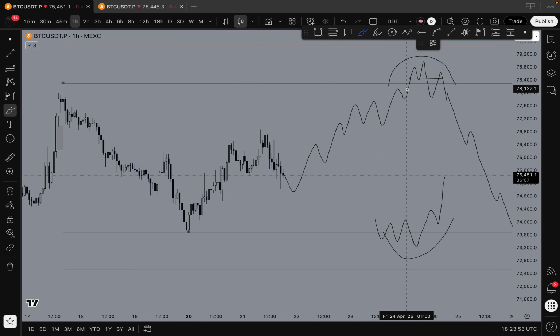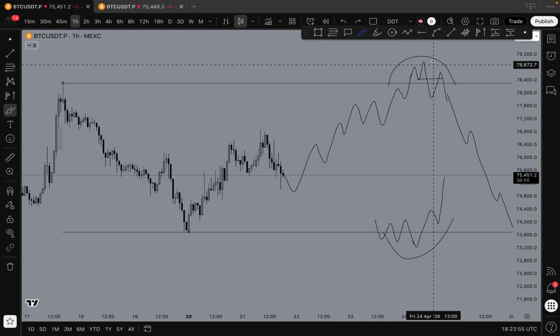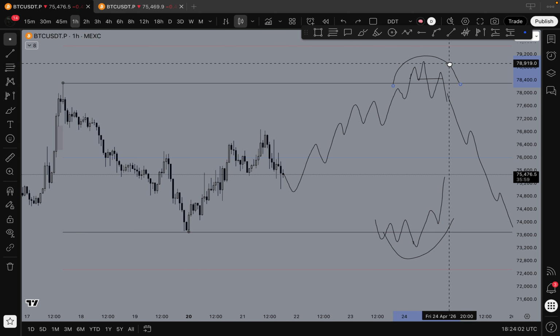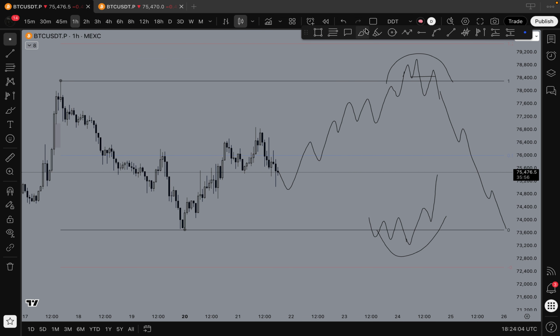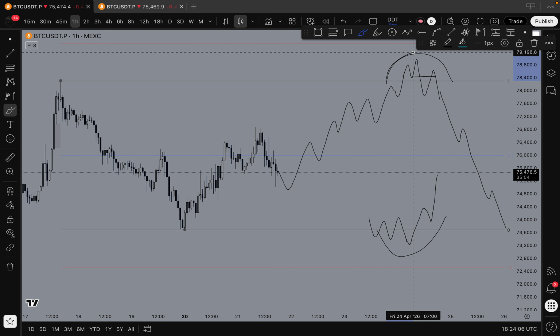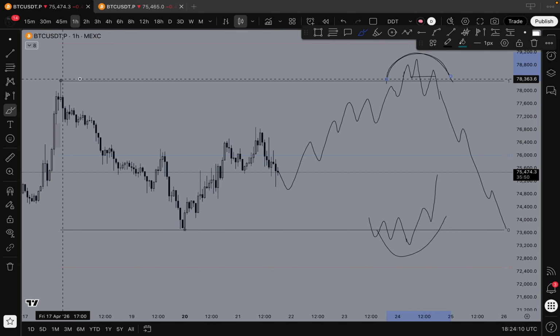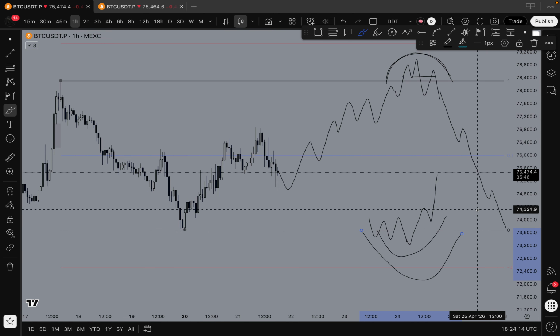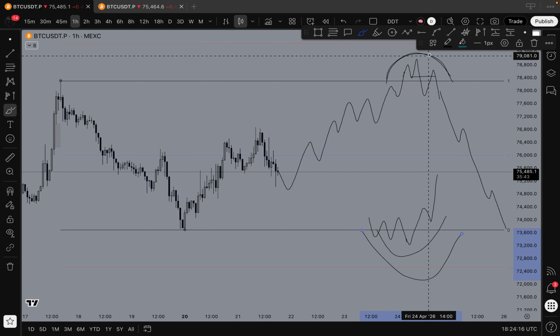Then you would expect price to shoot higher. But if it does not shoot higher after 100 million market orders, then someone is withholding the price right here. And that is a sign that someone is absorbing the price, which is exactly what we wanted to see at our extremes. So at the range low, we want to see bullish absorption, and at the highs, we want to see bearish absorption.